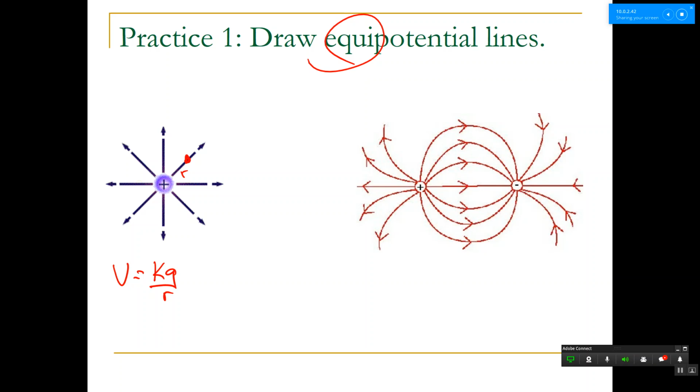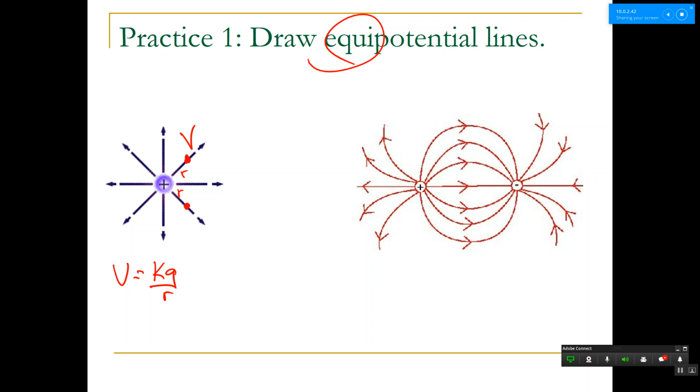At that dot I just drew, at a distance r from the center of that positive charge, the potential is, let's call it V. And what if I drew another dot along one of those lines at a distance r? What would the potential be there?